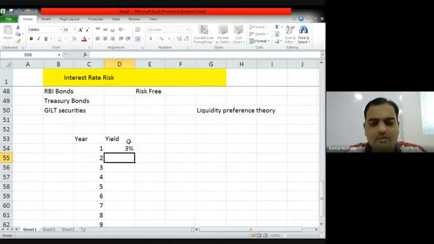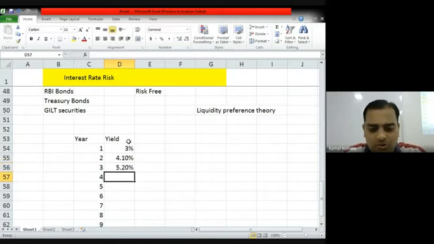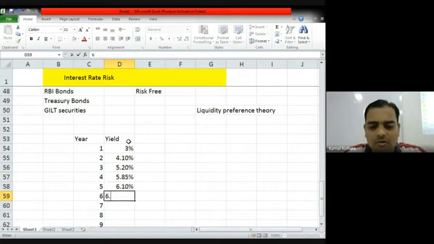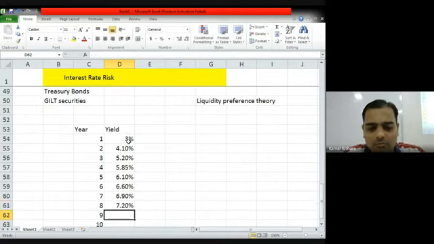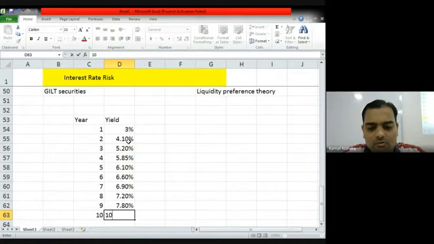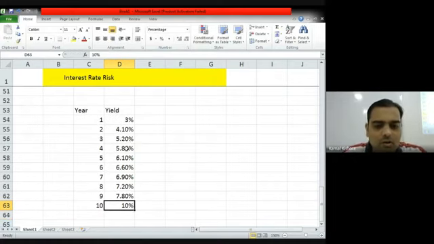Let's say 3%, 4.1%, some random numbers, 5.2%, 5.85%, 6.1%, 6.6%, 6.9%, 7.2%, 7.8%, let's say 10%.